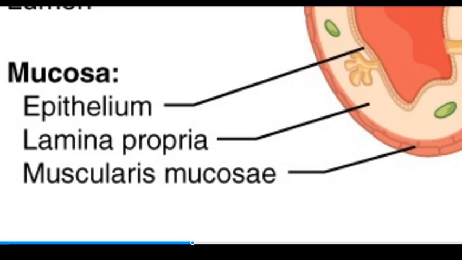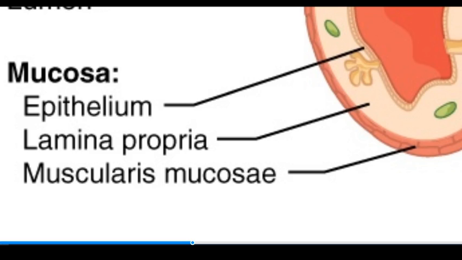Working from the inside to the outside of the organ, the first layer that we want to talk about is the mucosa, or mucosal membrane. It's made up of an epithelium and its associated connective tissue, called the lamina propria, as any mucosal membrane would have. And then there's an additional layer of smooth muscle called the muscularis mucosae.